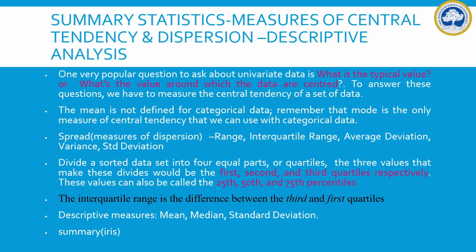To do this descriptive analysis, we can use a single command in our environment, which is called summary. As we are doing all the analysis on the iris dataset, we can do this descriptive analysis, central measurement and dispersion measurement on the iris dataset in our environment.